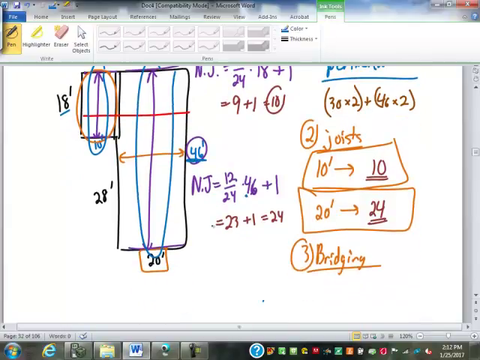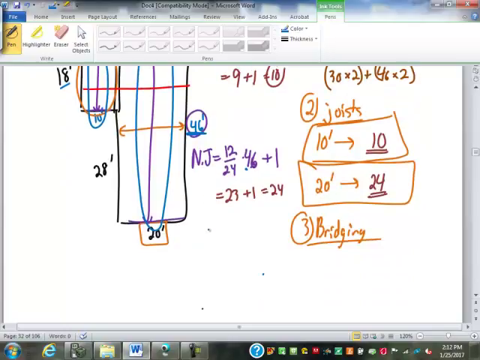How did we figure out the amount of bridging we needed? What number times the run? It was 3 times the run. So the amount of 1x3 material needed for bridging here will be 3 times 46, what's that, 138 feet of 1 inch by 3 inch bridging.